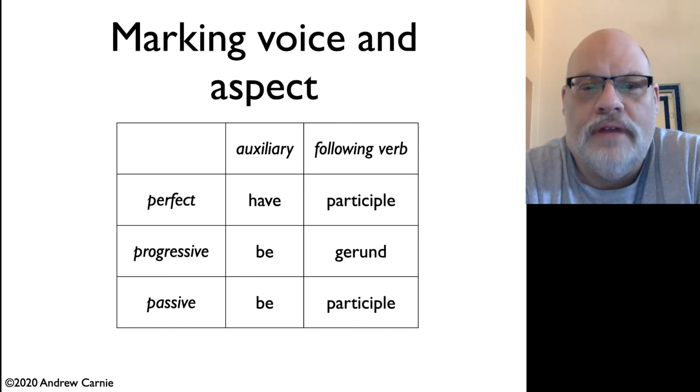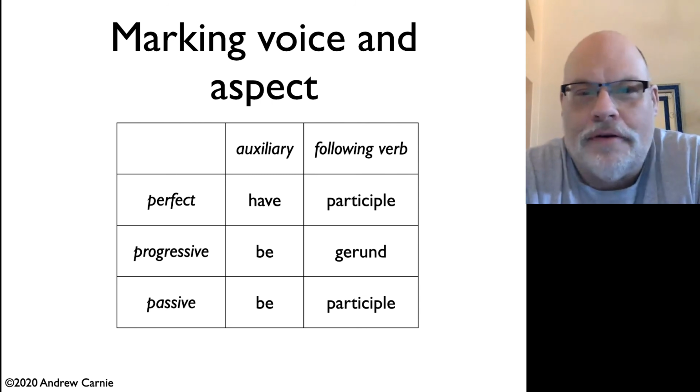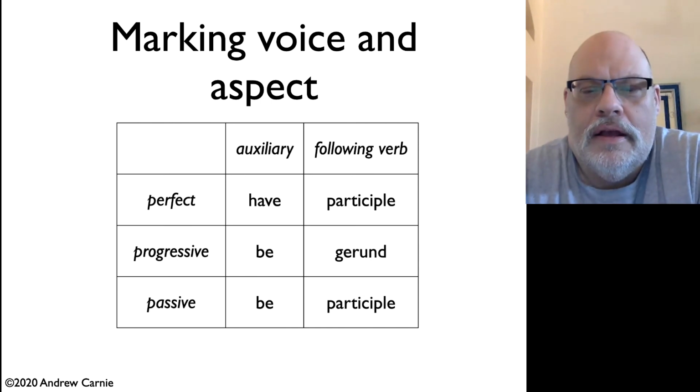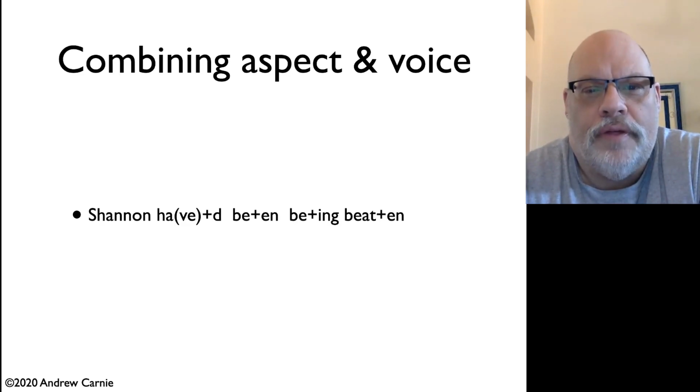So it's this unique combination: have plus participle is perfect, be plus gerund is progressive, and be plus participle is passive. You can't have any other combinations, but when you have those particular combinations, you're going to get those specific meanings. What's even more spectacular is how these interleave with each other.